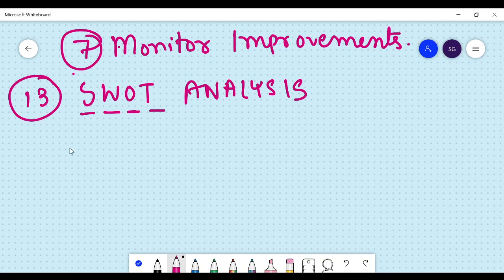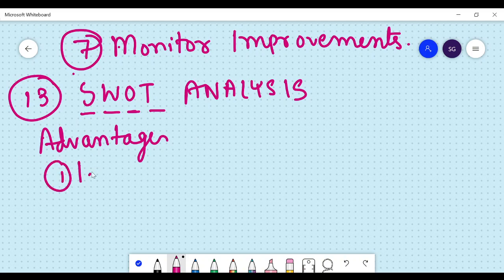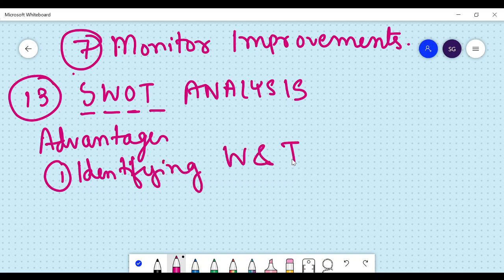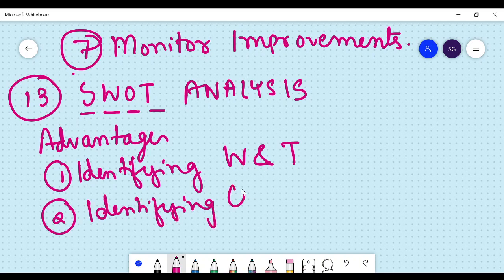So, the important topic here is advantages of SWOT analysis in performance management process. First advantage is that it helps in identifying weaknesses and threats. Second, identifying opportunities and strengths.